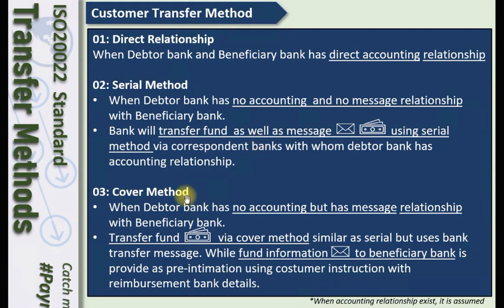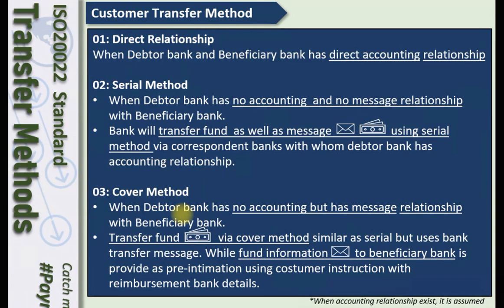The third method is very similar to serial, with the same flow of the fund, but there is a pre-intimation. There is no accounting relation between the debtor and the beneficiary bank, but a message relationship exists. It means the debtor bank is able to connect or send a message to inform the beneficiary bank.